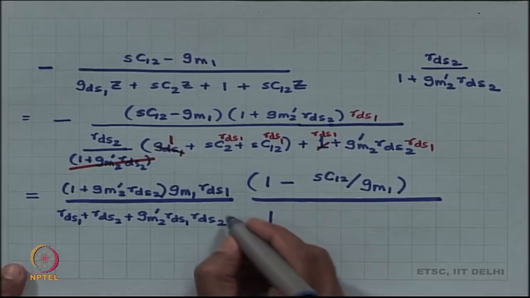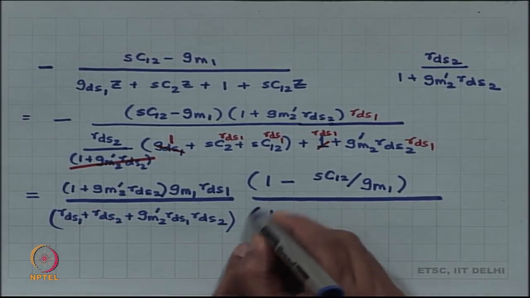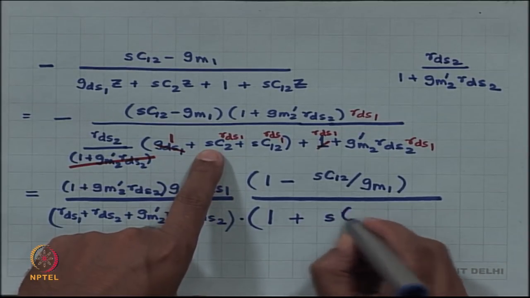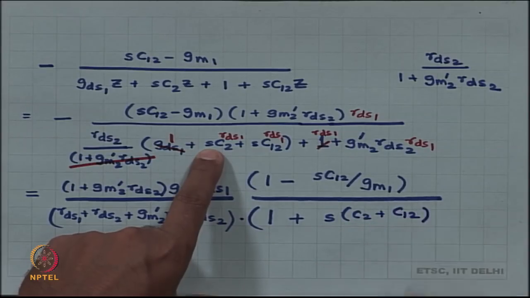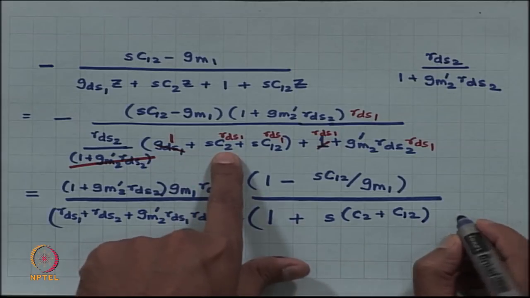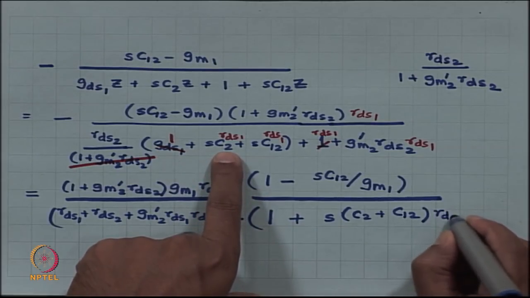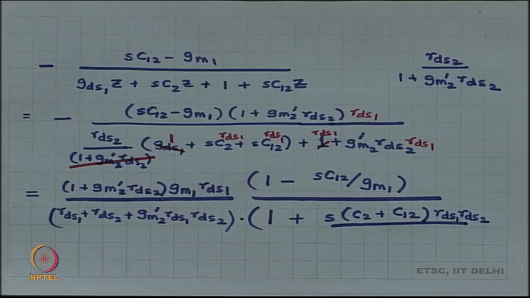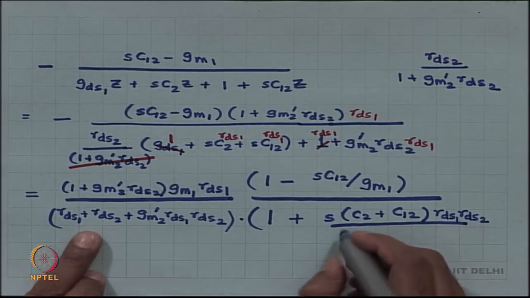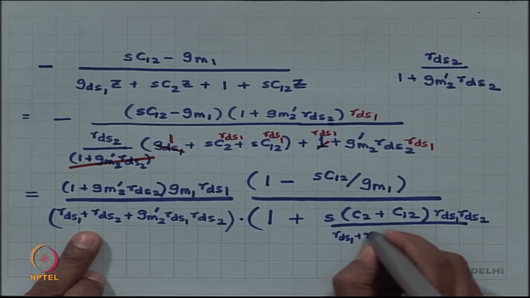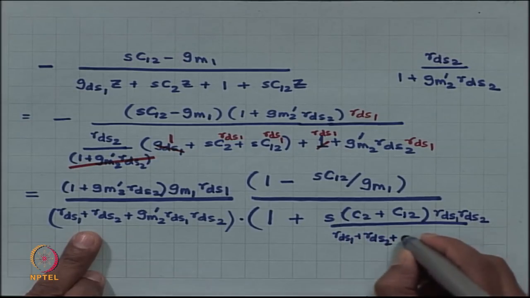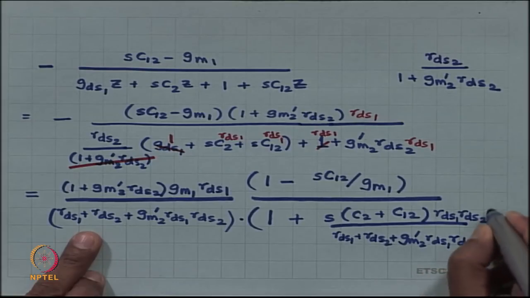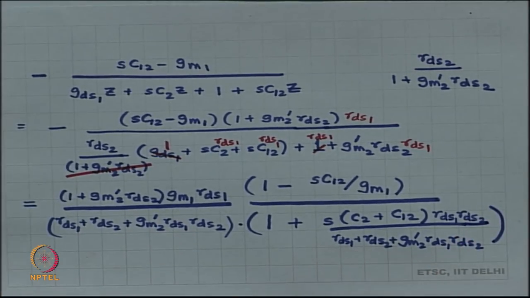So, if I take that whole thing common, then all I am left with is a 1 plus S times C2 plus C12 times RDS1 RDS2 divided by whatever you forcefully took common, right.